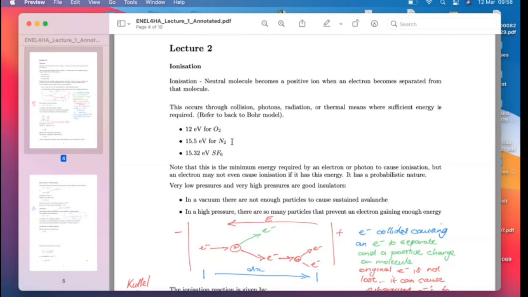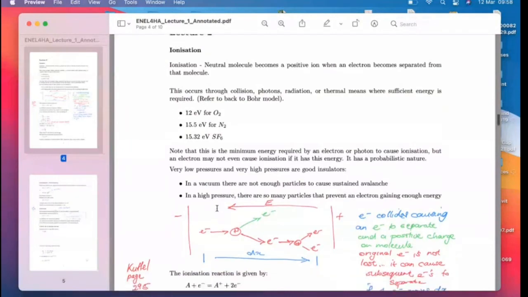So that appears just from the ionization perspective that N2 is better, but N2 doesn't attach electrons. SF6 strongly attaches electrons. So there will be less electrons reaching that 15.32 electron volts. So that's why it makes it a better insulation gas than N2.